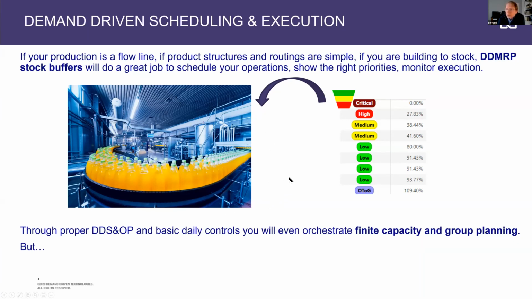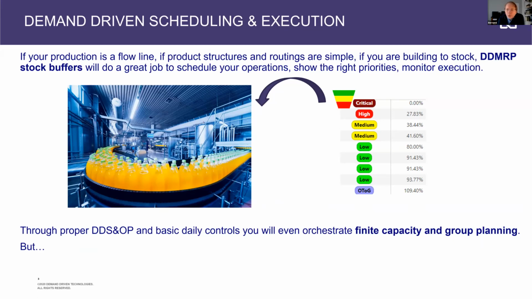That should be good enough, just using DDMRP buffers to drive this production properly. And you can get into some basic finite capacity processes, group planning to organize your campaigns, etc.